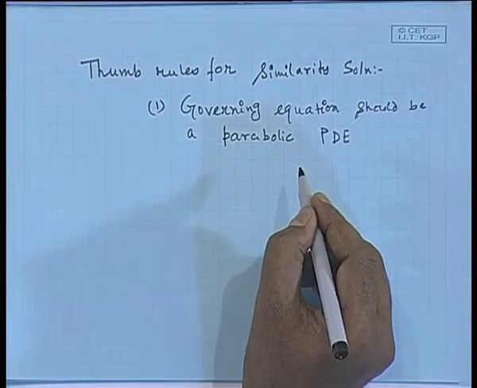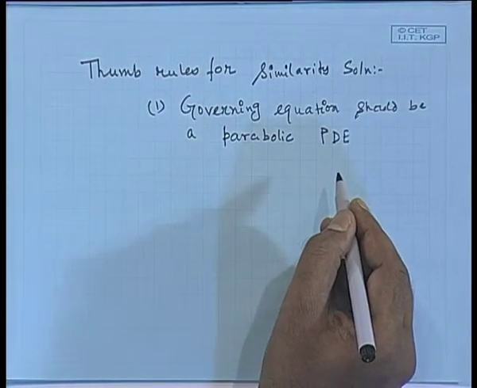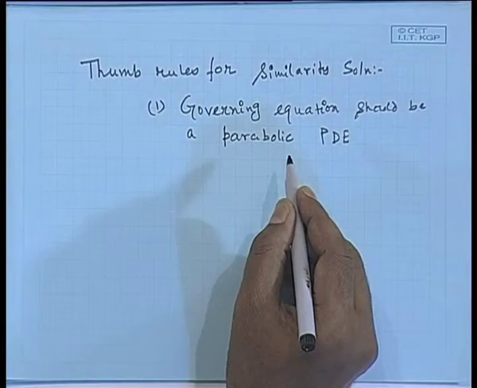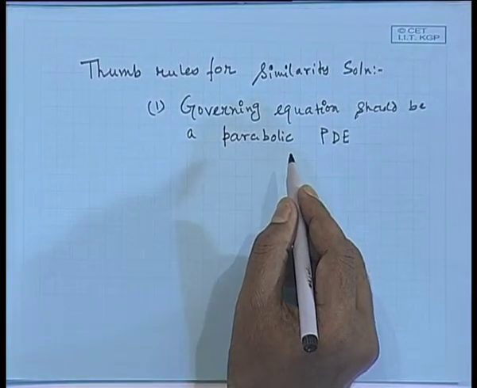Okay. How to know it is a parabolic partial differential equation? Right, b square minus ac should be equal to 0 if it is a 2 variable problem.